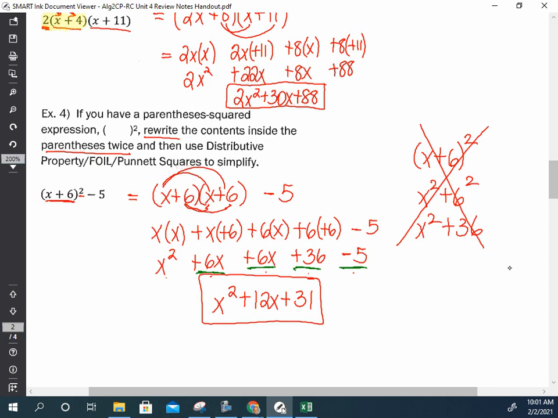When you do work it out, don't forget that the minus 5 is sitting out there. There's a lot of people that will also just solve out that part, but forget about the minus 5. So take that extra couple seconds, look at all the parts of the problem, make sure you got everything taken care of.